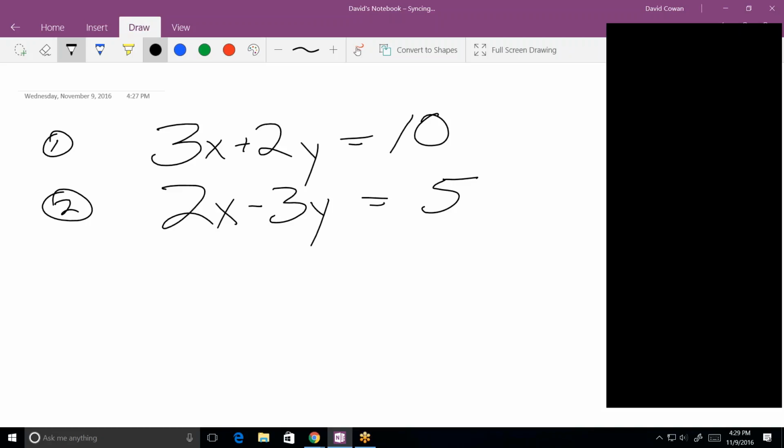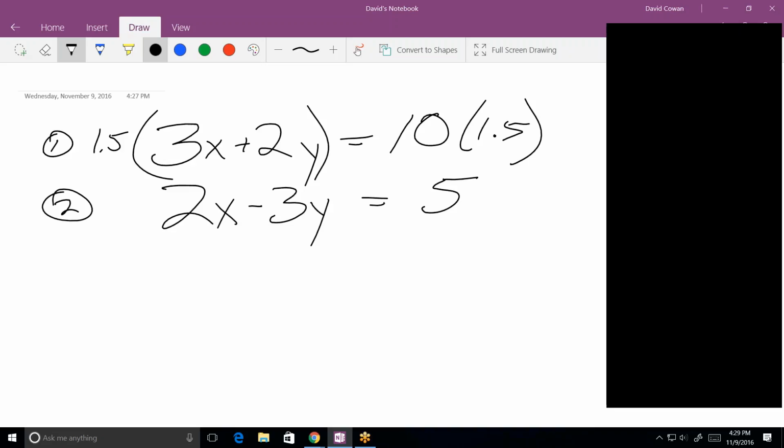Now, I gave you a particularly tough one. I could multiply equation 1 by 1.5, right? In other words, I could multiply that by 1.5 and that by 1.5, and I'm going to produce a 3y. Then I'll be able to add them and eliminate y.